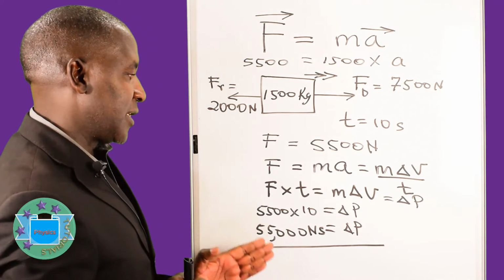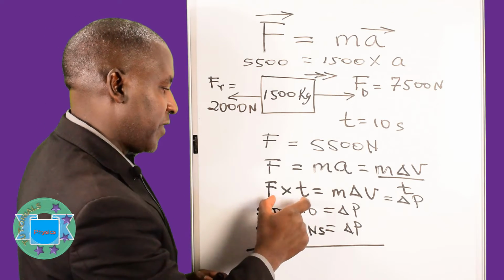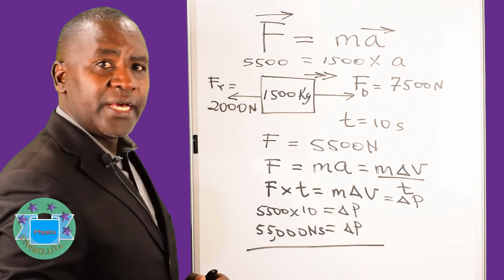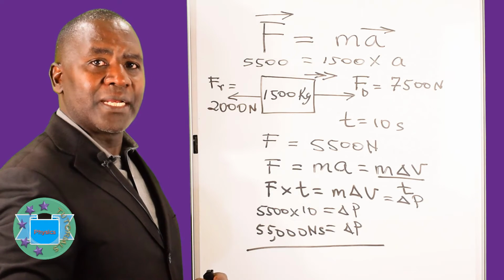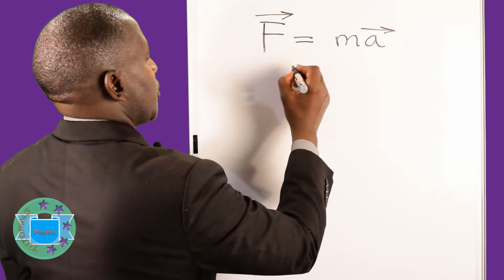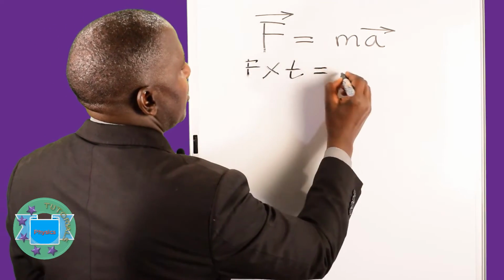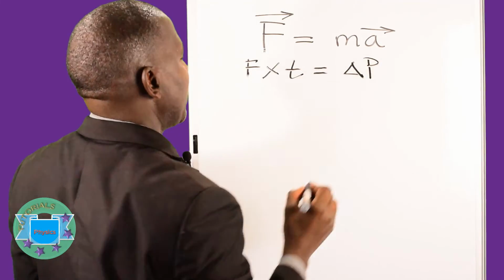So something else that stems from this, the product of the force and the time is referred to as impulse. So we have already seen this. Force times time is going to be equal to change in momentum.